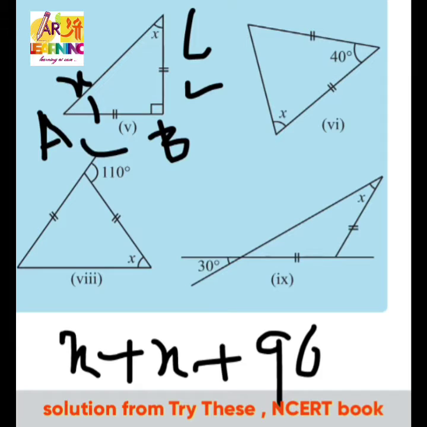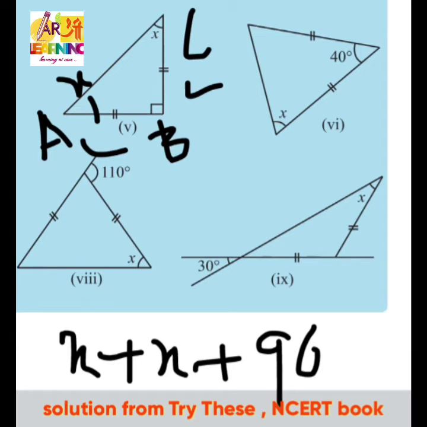Therefore the sum of three angles will be 180, and you will get the value of x. I think you must have understood that in isosceles triangle, since two sides are equal, the angles which are opposite to the two sides are also equal. So the two angles are equal, and we find the value of x and we write the answer.